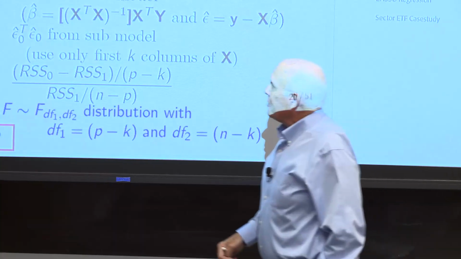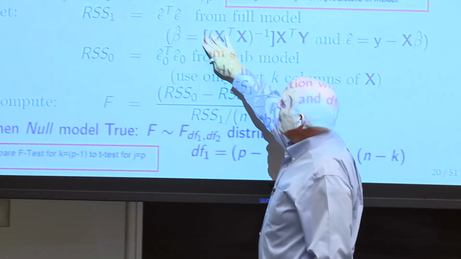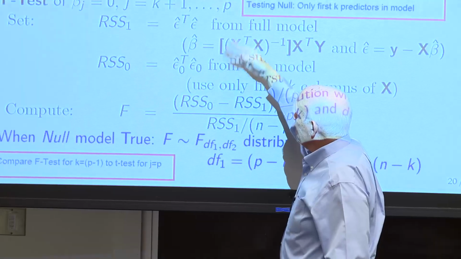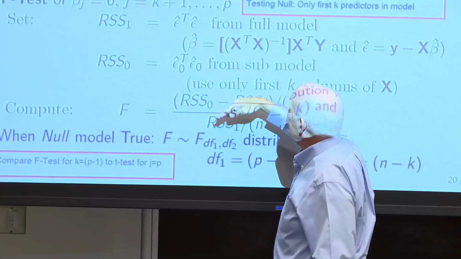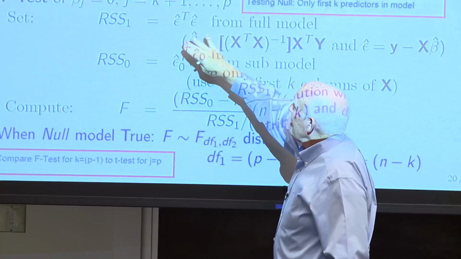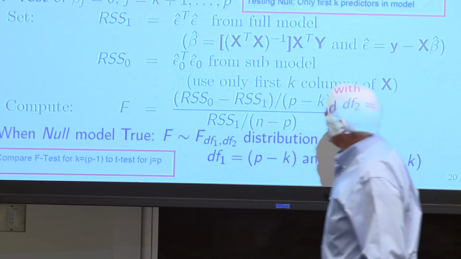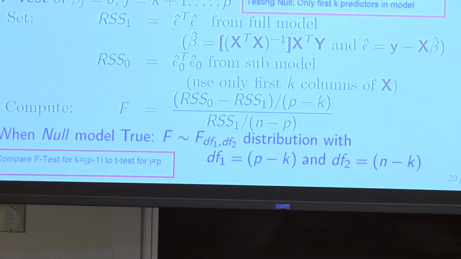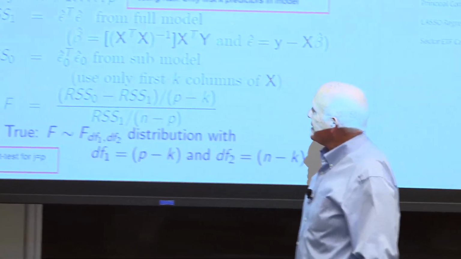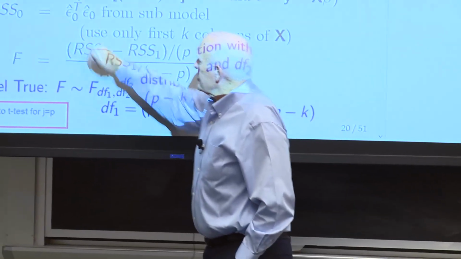And what we can do is calculate residuals under the two hypotheses. First, assuming that they're all non-zero, we get an RSS1. But if we assume the submodel is true, we can get a second set of residuals.